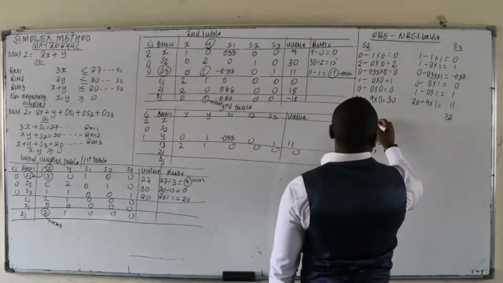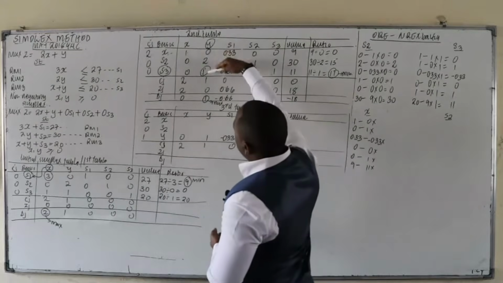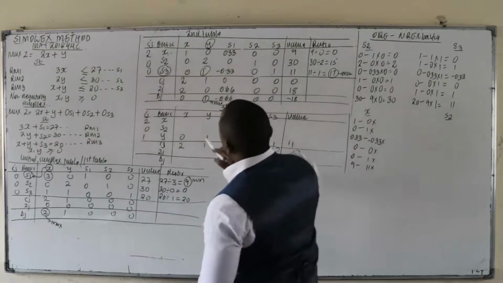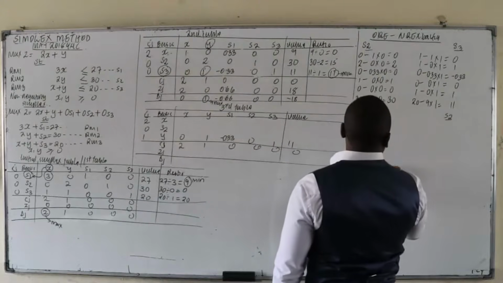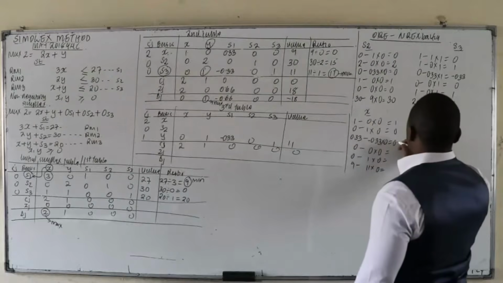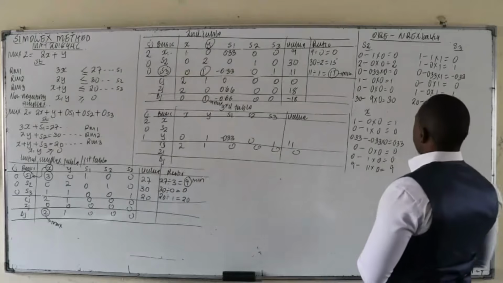Then you multiply by the balancing figure, from where you have the pivot. For x it is 0, for s2 it is 2. So we get 0, 0, 0, 0, 0, 0, and 1, 0, 0.33, 0, 0, 9.